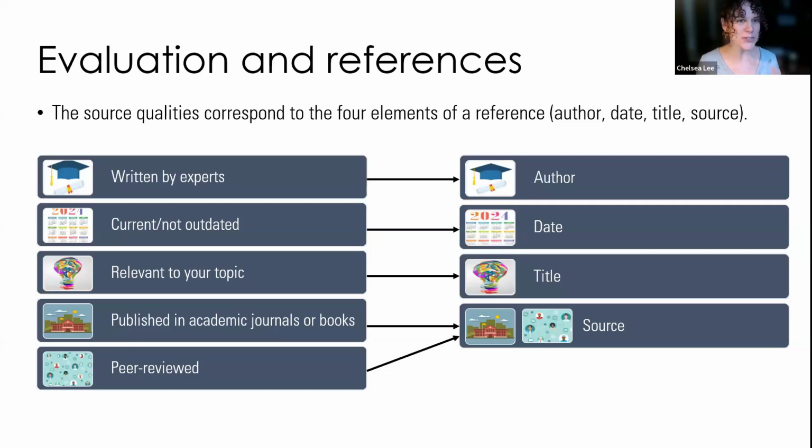And then the source: those qualities are where it's published and whether it's been peer reviewed. If you want to show your students this slide to show the correspondence, that's great. We're making these resources to help you, and it's tying things together and showing that APA style is part of the curriculum. Next slide.